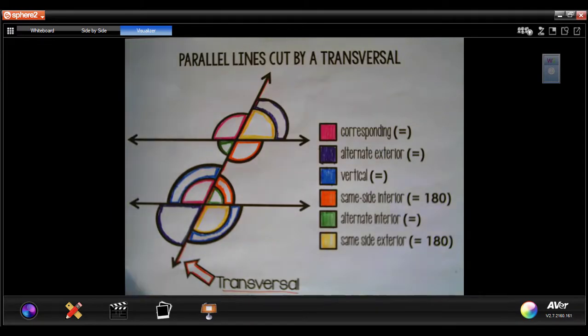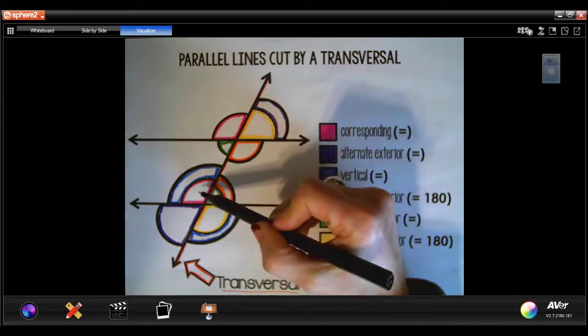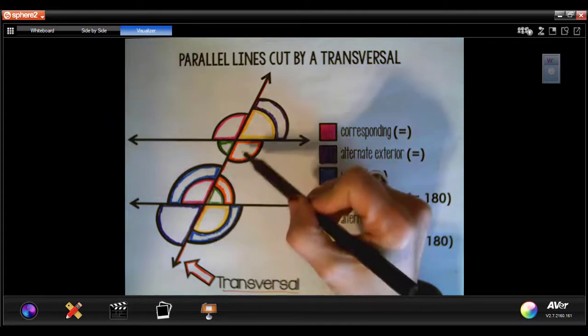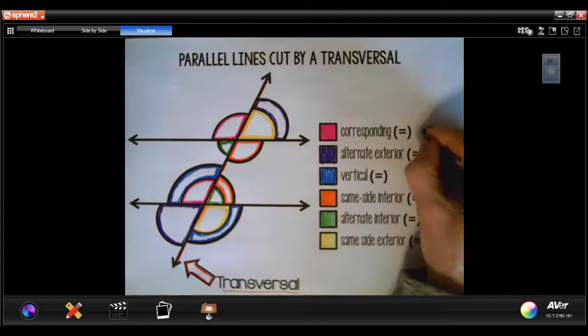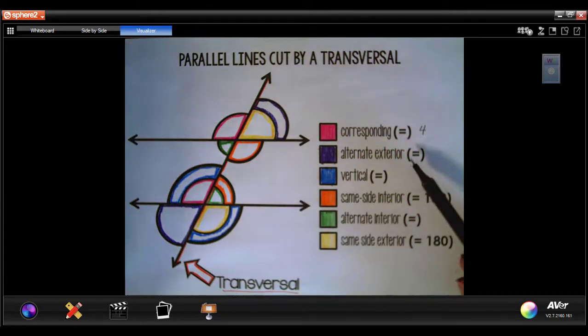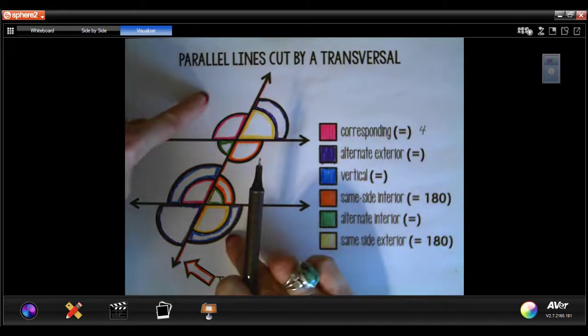So let me go through then again, how many of each of these you're going to have in your picture. So corresponding is the pink. We would have it right here, here and here, here and here. There are 4 corresponding angles. Alternate exterior, that was our purple, and we would have another set.